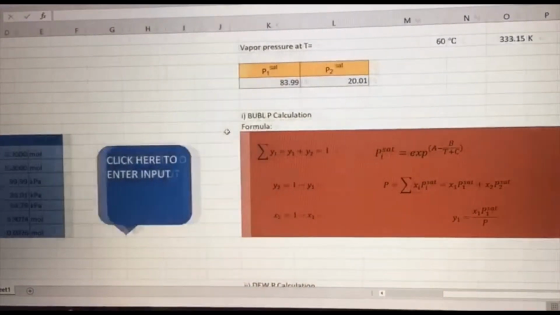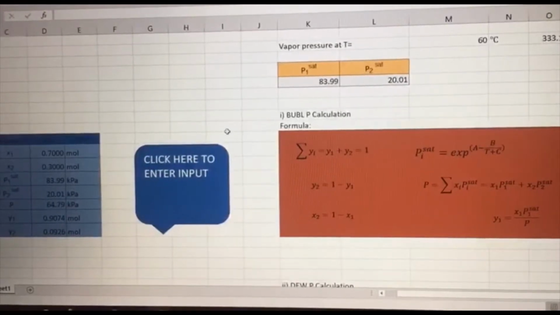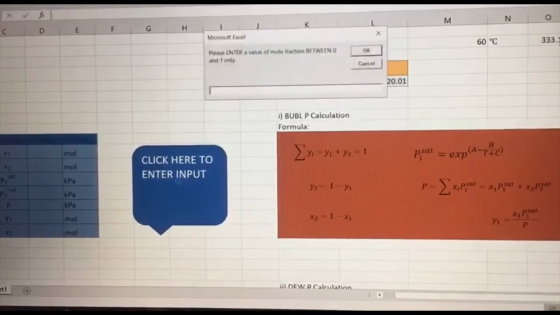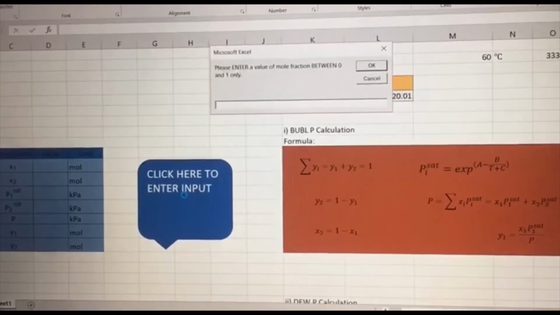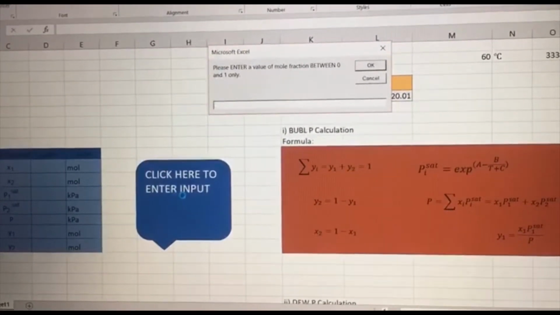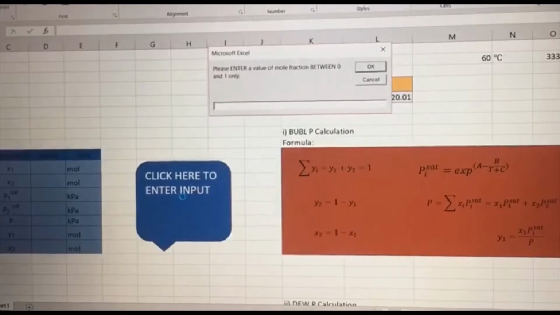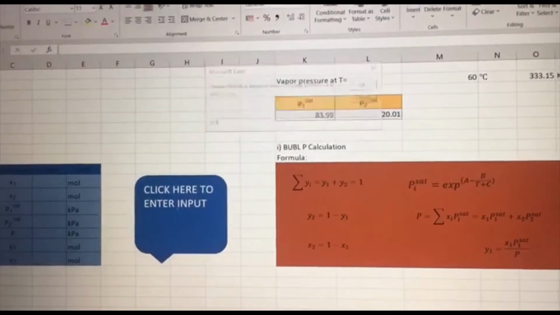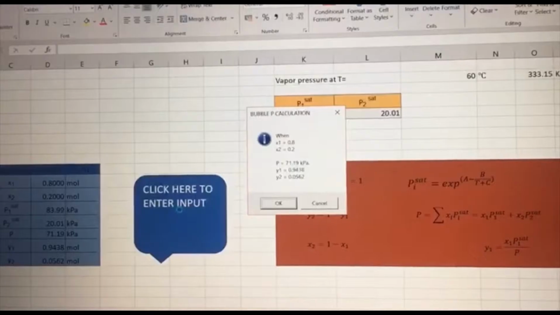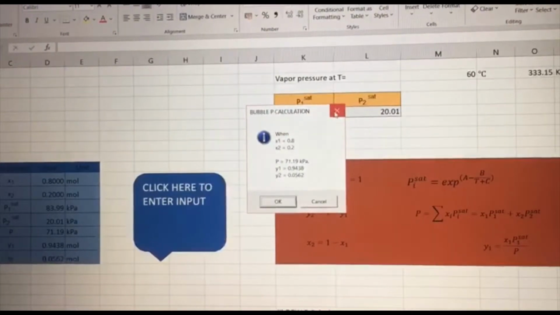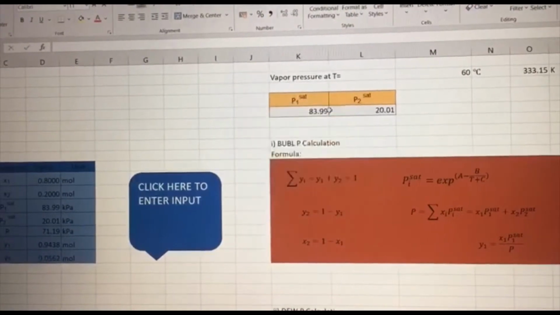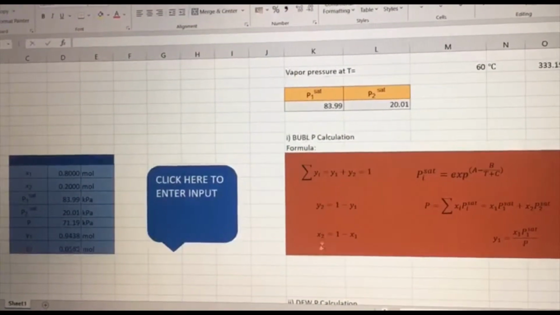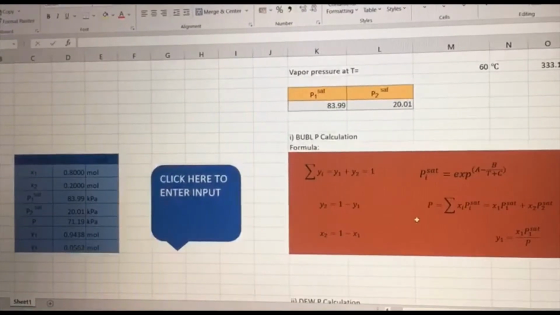We move to the first sub question, which is bubble point calculation. Here the user needs to input the mole fraction of methanol, x1. We enter any number, let's say 0.8, and the macro calculates the others. x2 we get from x2 equal to 1 minus x1.